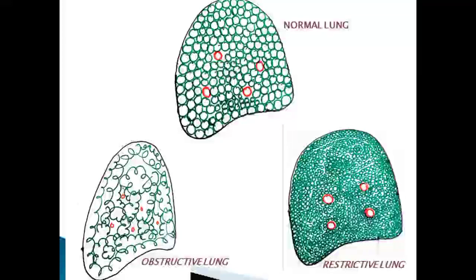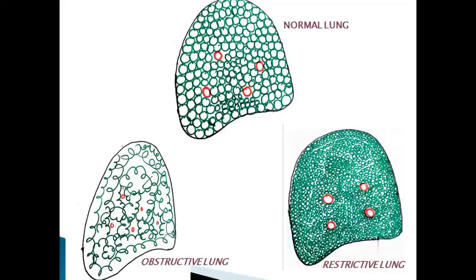So lungs cannot accommodate the air in it. That's why TLC is also decreased in restrictive. Now we will discuss the vital capacity. Vital capacity will be decreased in both obstructive and restrictive. Okay. Why in obstructive? Because of the airway obstruction, and in restrictive because the lungs became stiffened. That's why.